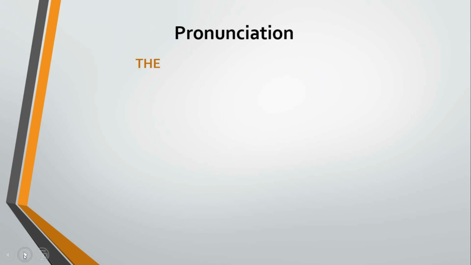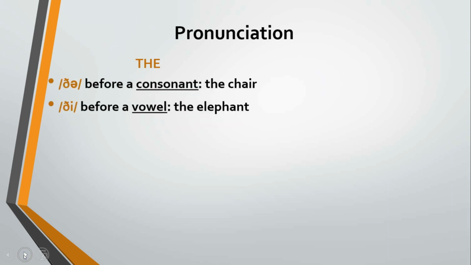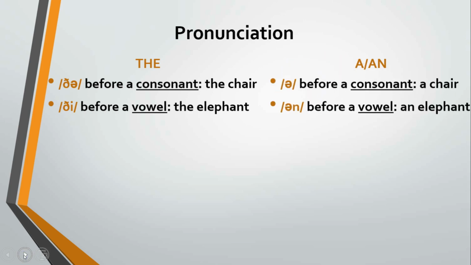The definite article the can be pronounced in two ways: the before a consonant, the chair, or the before a vowel, the elephant. When it comes to the indefinite articles a and an, we use them in a similar fashion.